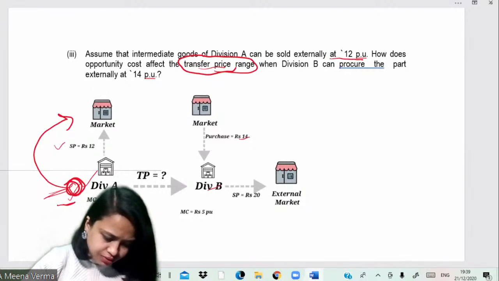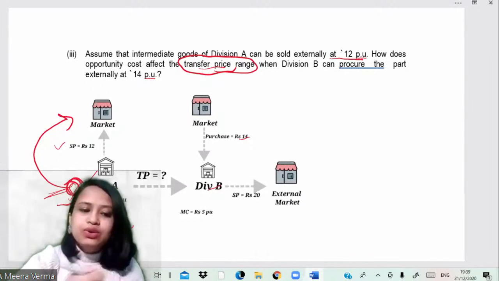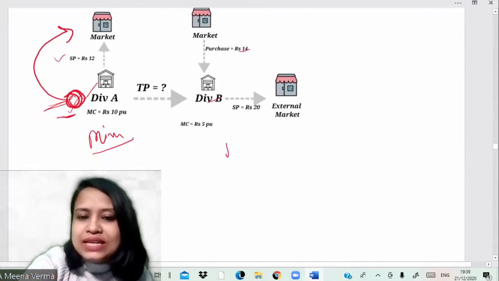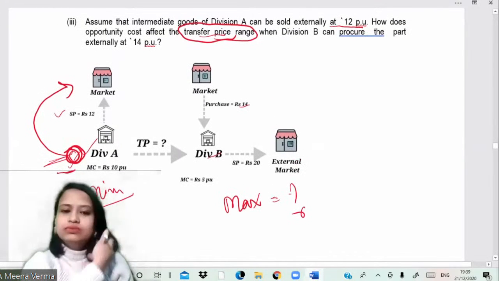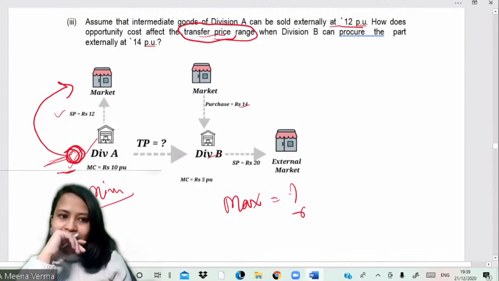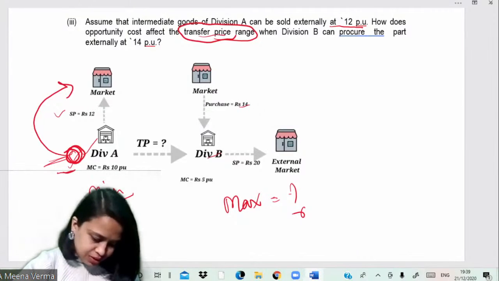So can you give me the answer? I got answers from many students: Ambika, Ravi Teja, Preeti. Very good. Try to find the minimum transfer price as well as the maximum transfer price. I got an answer from Muthulakshmi, I hope I'm pronouncing your name correctly, and Ravi Teja from Hyderabad.